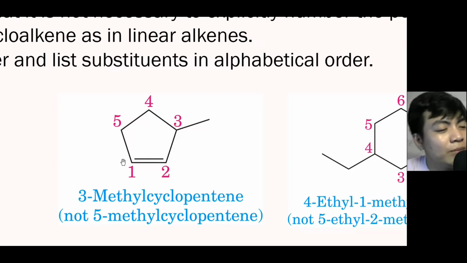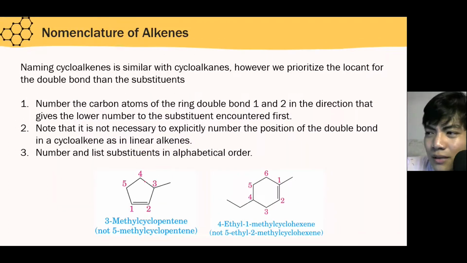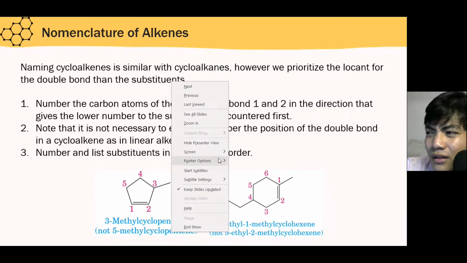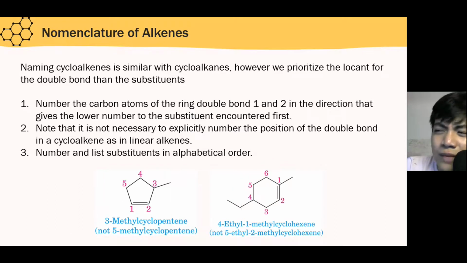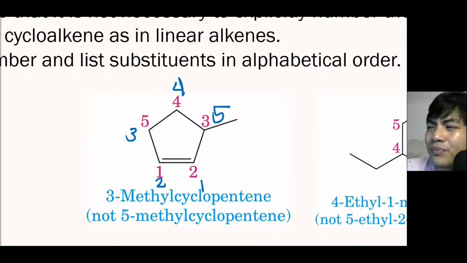The other way of numbering it will be this, okay? So, let me use a different ink color. So, I will begin first with this one. 1, 2, 3, 4, 5. Okay? So, yun yung two ways of numbering it now.